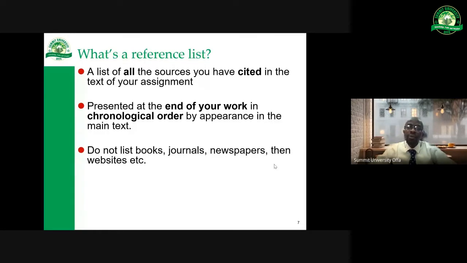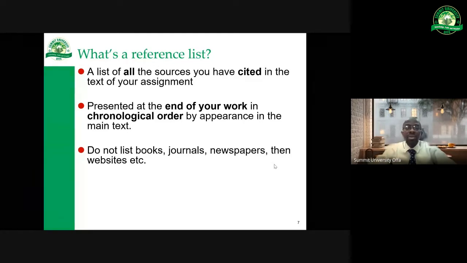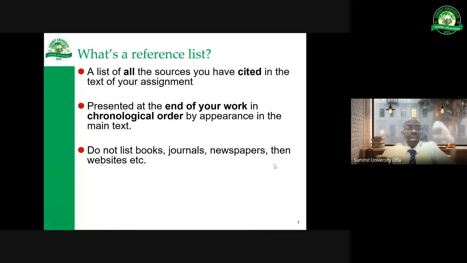That is if you are using IEEE format. Chronological order by appearance, unlike APA format or other formats where the authors' names are arranged in alphabetical order.